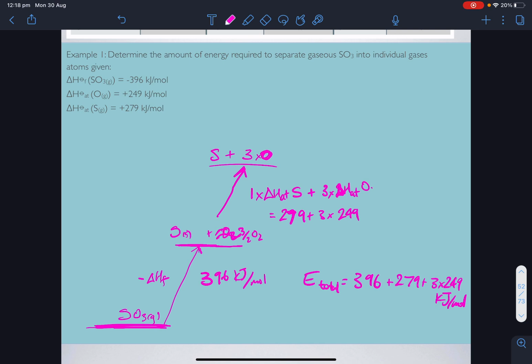Calculator for the last step. 396 plus 279 plus 3 times 249 equals 1,422 kilojoules per mole. So it takes 1,422 kilojoules per mole to separate gaseous SO3 into individual gaseous atoms.